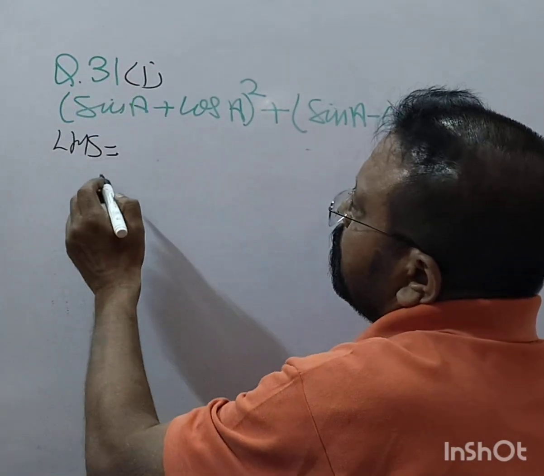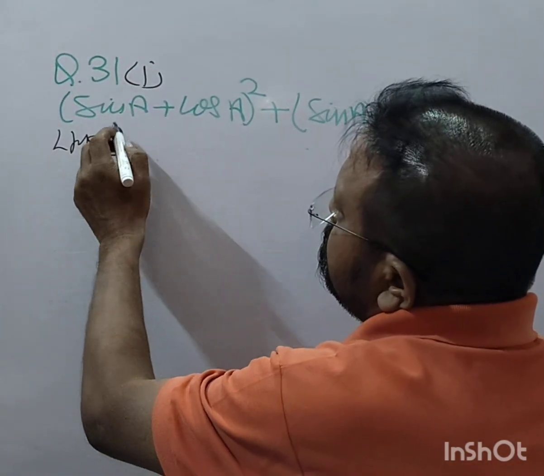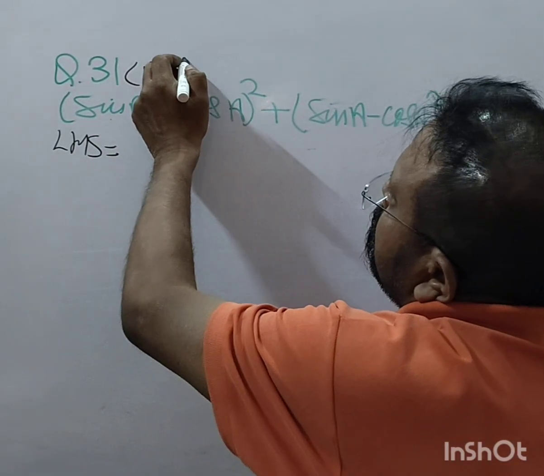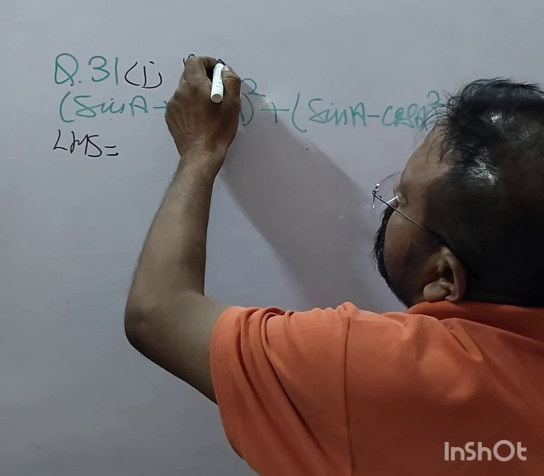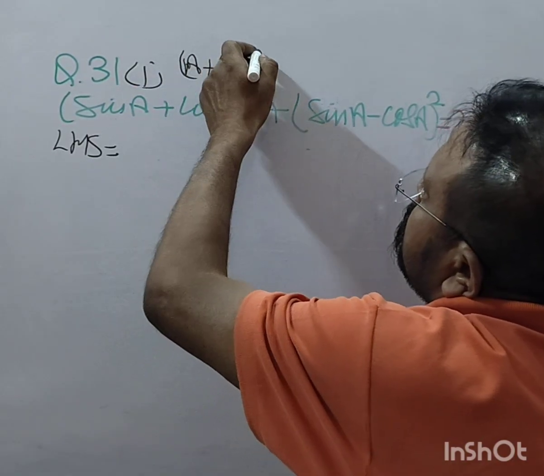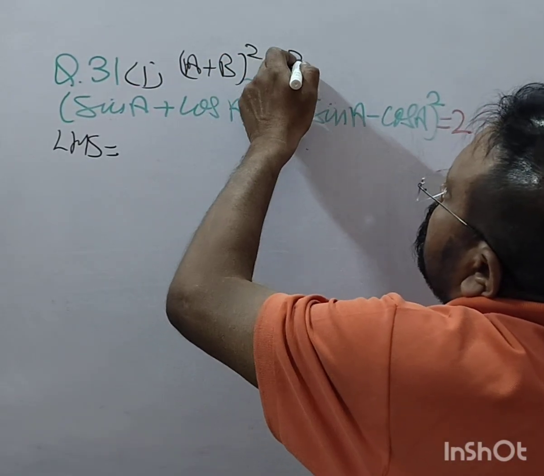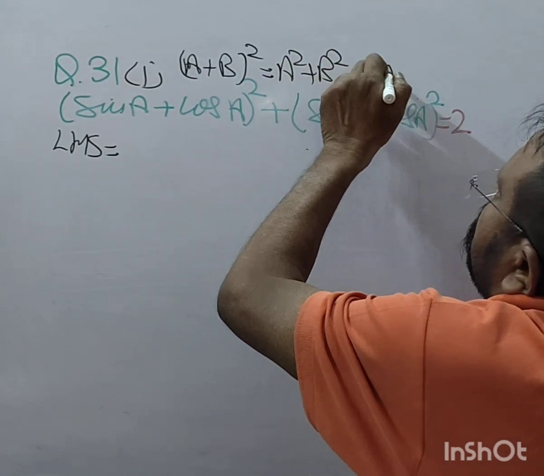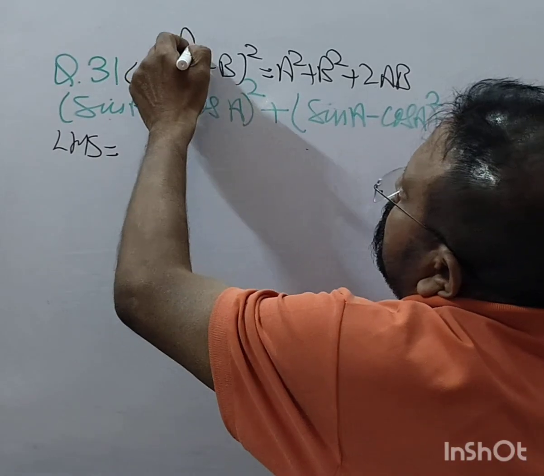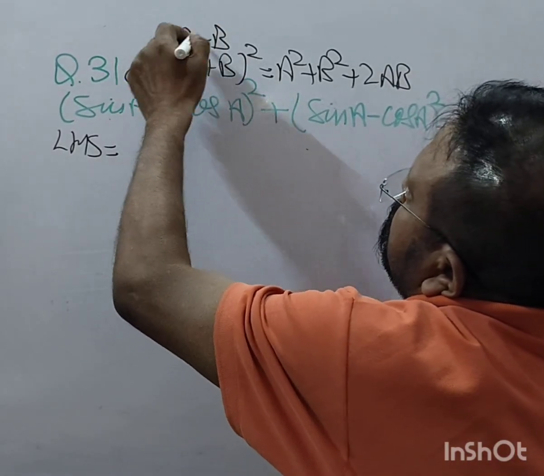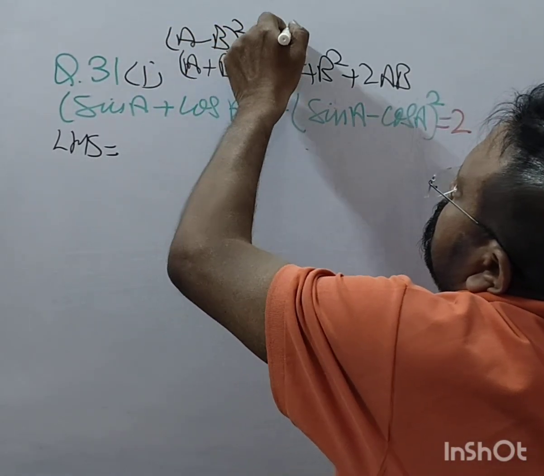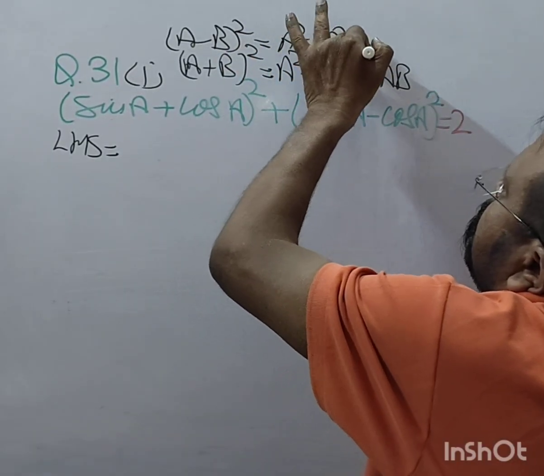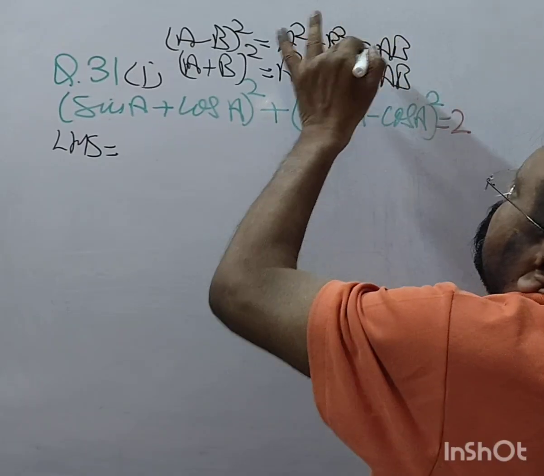We write sin A plus cos A; here we will use the formula: A plus B whole square is equal to A square plus B square plus 2AB, and A minus B whole square is equal to A square plus B square minus 2AB, right?